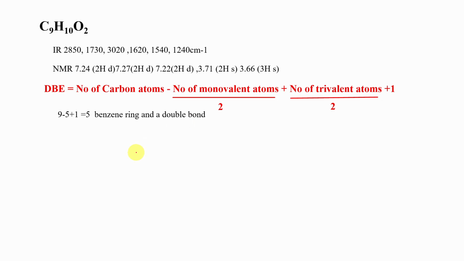Okay. Then taking into consideration the IR values, you can see the 2850 centimeter inverse is nothing but the typical carbon hydrogen sp3 stretch, and 1730 centimeter inverse is indicating the presence of a carbonyl group, particularly of an ester.